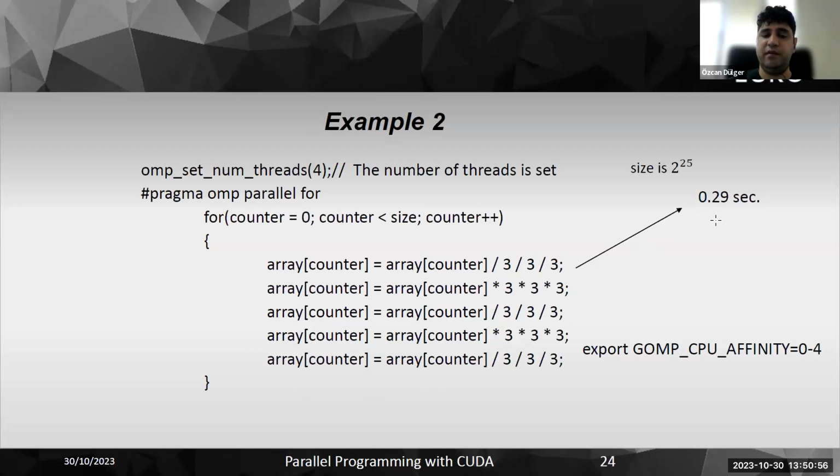This is what we aim for, because we increase the number of threads from 1 to 4, so our aim is to obtain 4x speedup. So this affinity is important. Do not forget to set this variable properly.